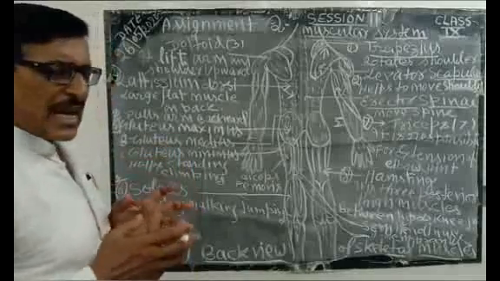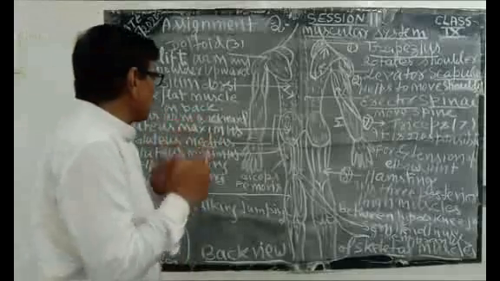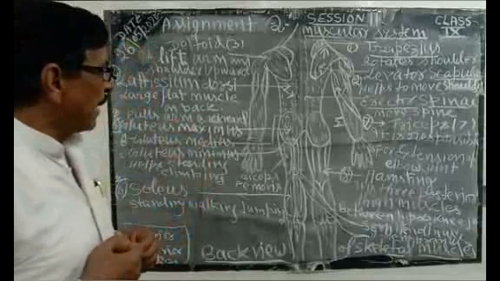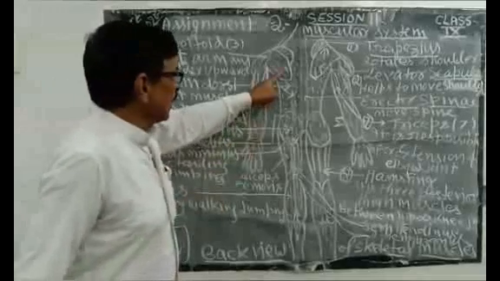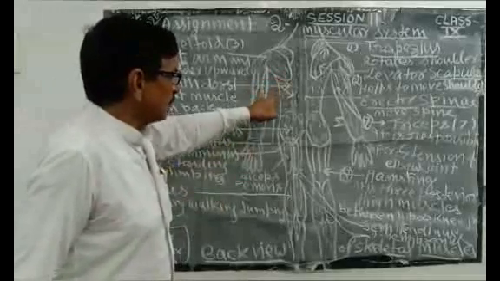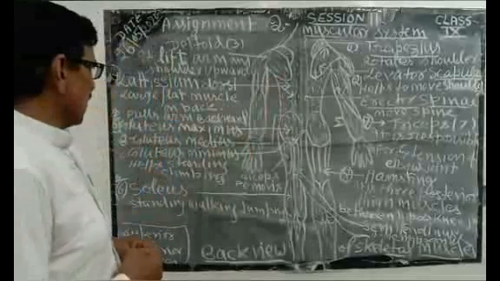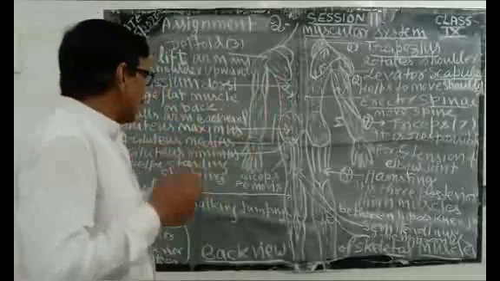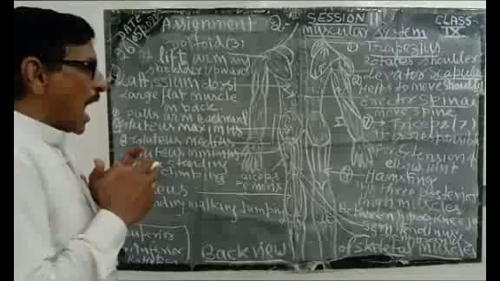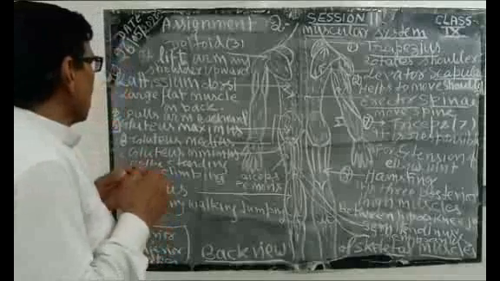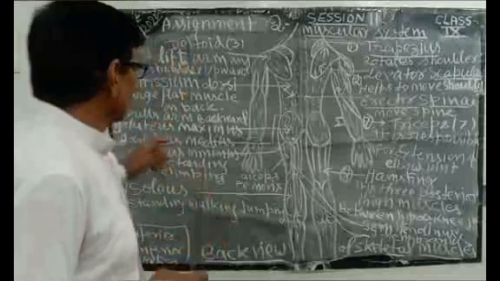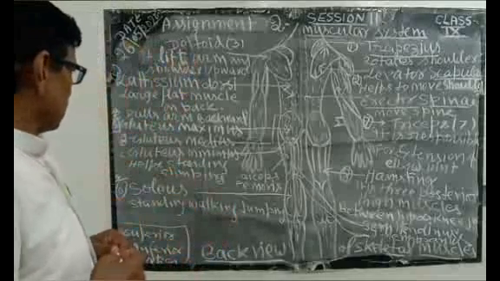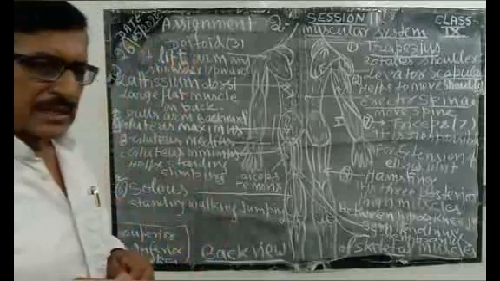It is a large flat muscle on the back, situated between the scapula and hip. It helps to pull the arm backward.